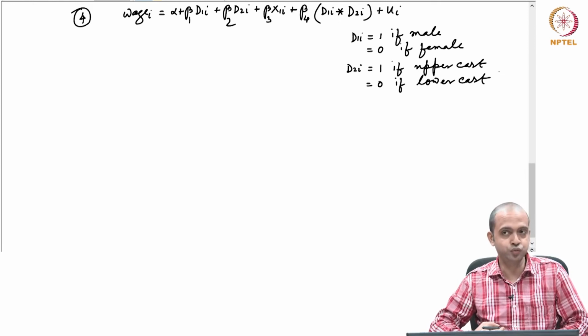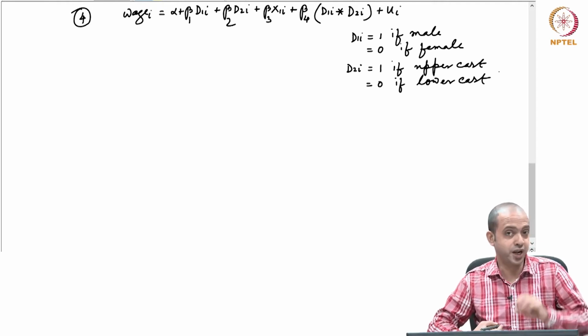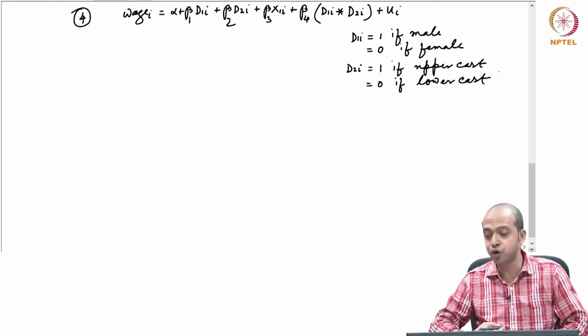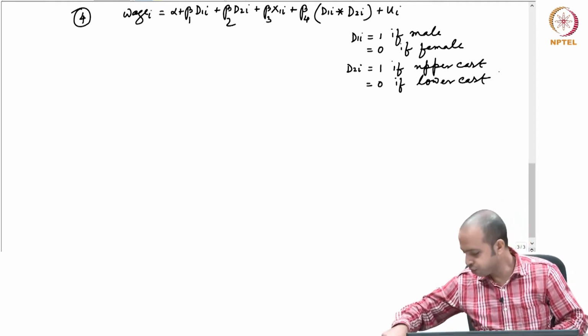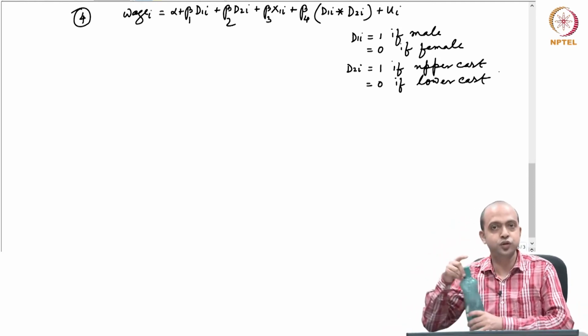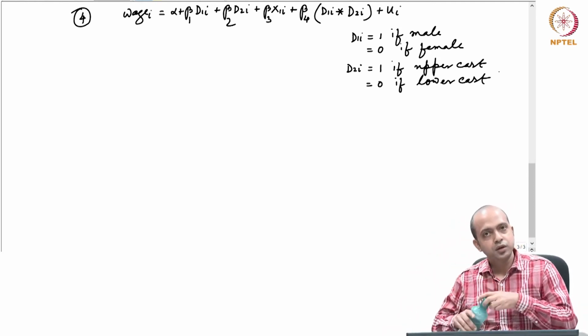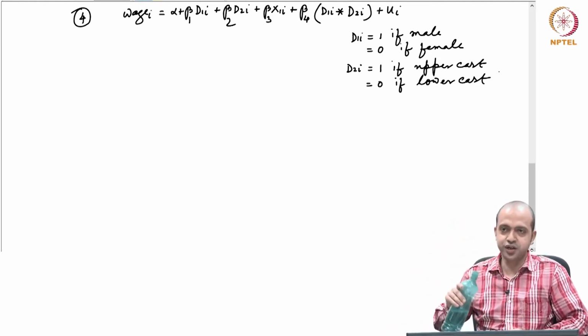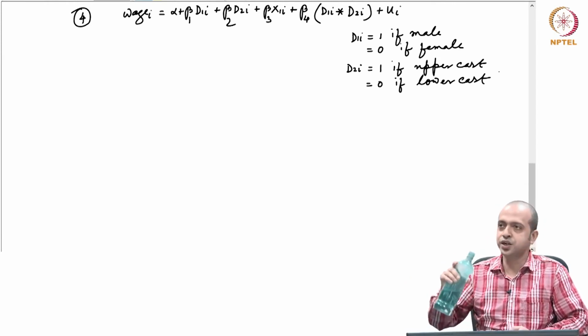That is why we assume that the gender gap for the upper caste is significantly lower than the gender gap that prevails in the lower caste. That is our hypothesis, may or may not be true, that we have to estimate using data and look at their significance and sign.